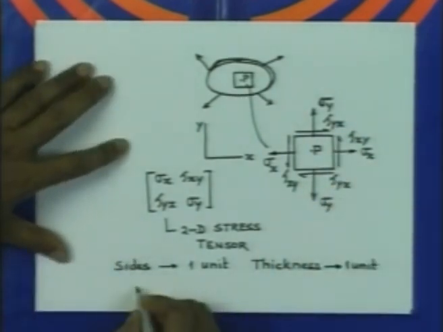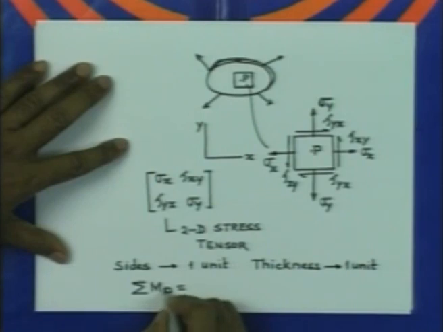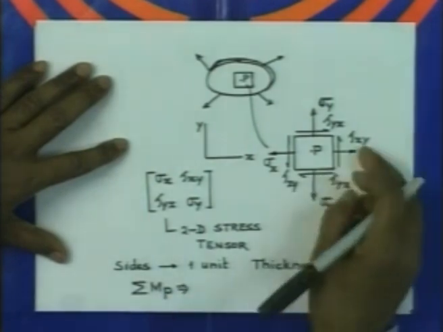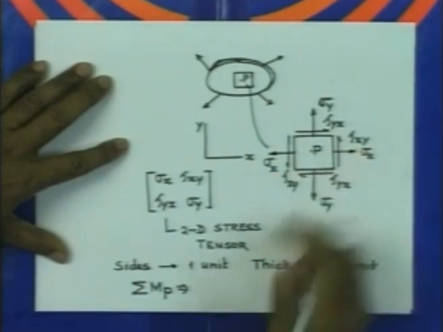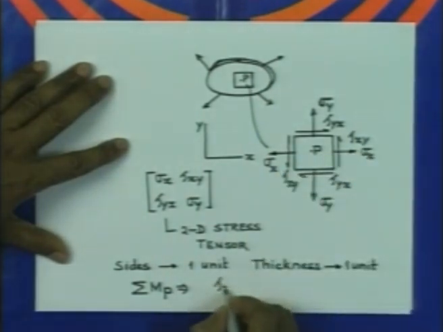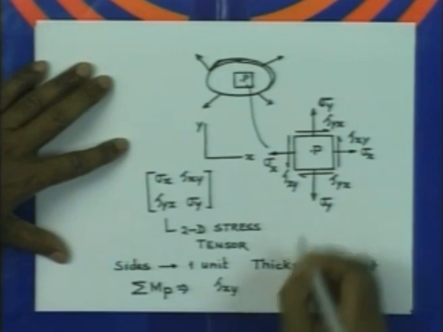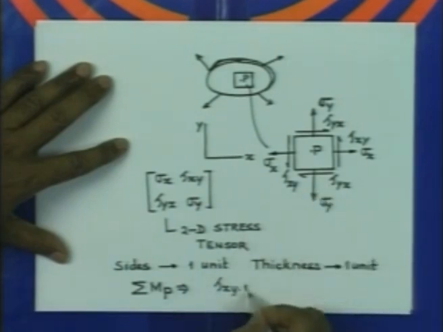So, if we now consider the moment about the point P, if we calculate the moment, then you will find that these two forces are of magnitude tau xy into 1 and it is acting at a distance of 1. So, therefore, moment is this, it is anti-clockwise.